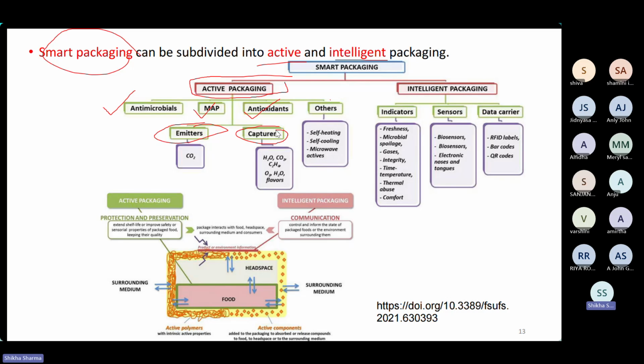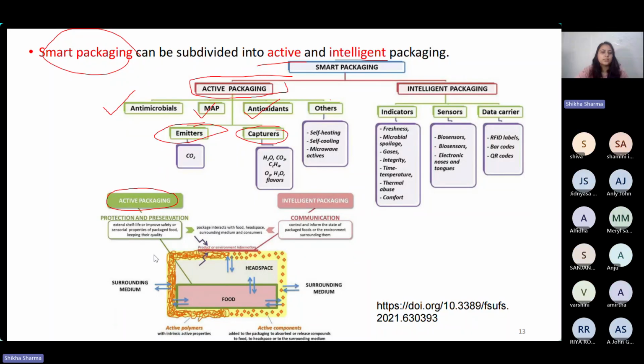So this kind of packaging material is the active packaging. So for active packaging, we use essential oils and some kinds of plant extracts. All these are used for active packaging.